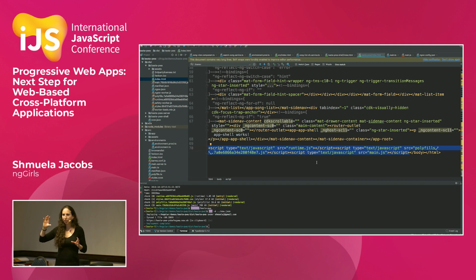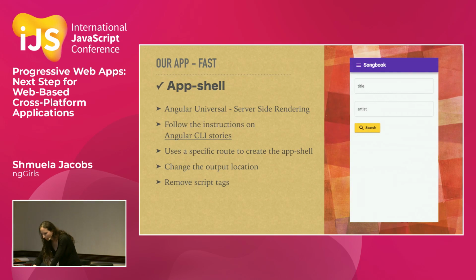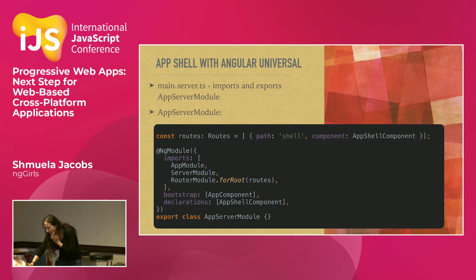Also in the configuration, I tell it to take the index HTML from the result of the universal build, and then it will add the relevant scripts and not the unminified scripts. But make sure that you remove the scripts initially. I mention it here: change the output location and remove the script tags, and then use it in the regular build.